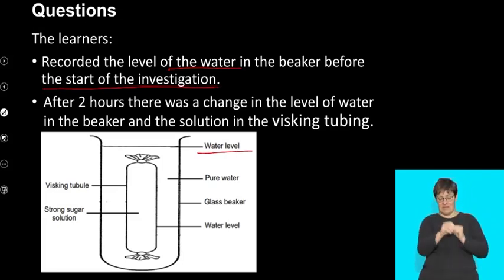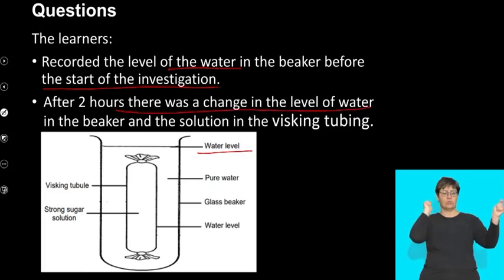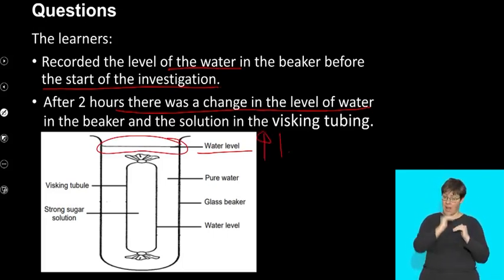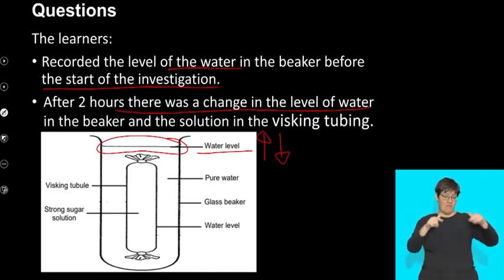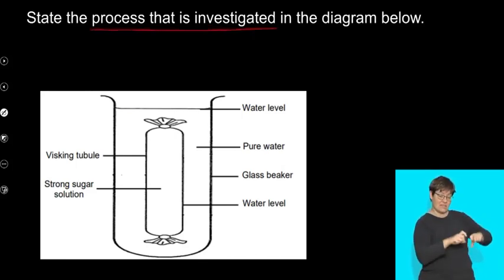Next thing they said, after 2 hours, there was a change in the level of water in the beaker. So here is my water level. Guys, only 2 things could have happened to it. The water level could have gone up, or the water level could have gone down. Now, the question is, state the process that is investigated in the diagram below.